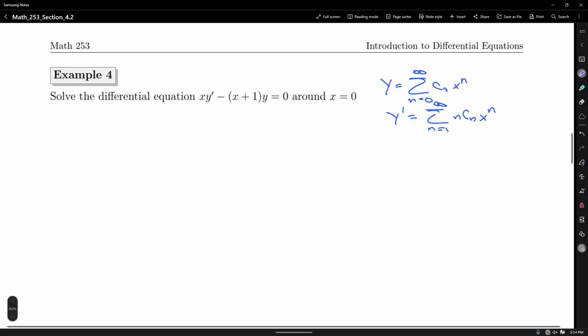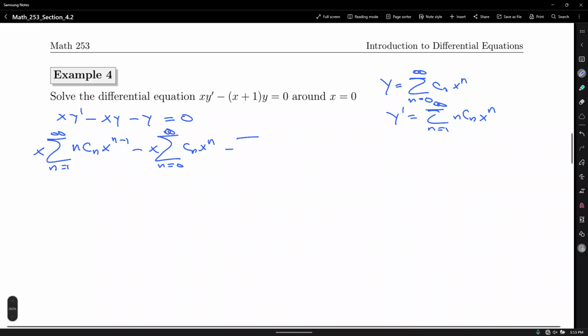Actually, let me rewrite the equation: xy prime minus, distributing, xy minus y equals 0. So this will be x times sigma n equals 1 to infinity of n c sub n x to the n minus 1, minus x times sigma n equals 0 to infinity of c sub n x to the n, and then minus another sigma n equals 0 to infinity of c sub n x to the n, equal to 0.